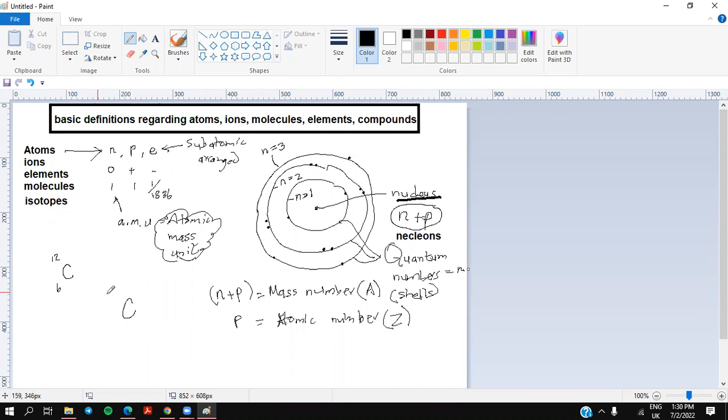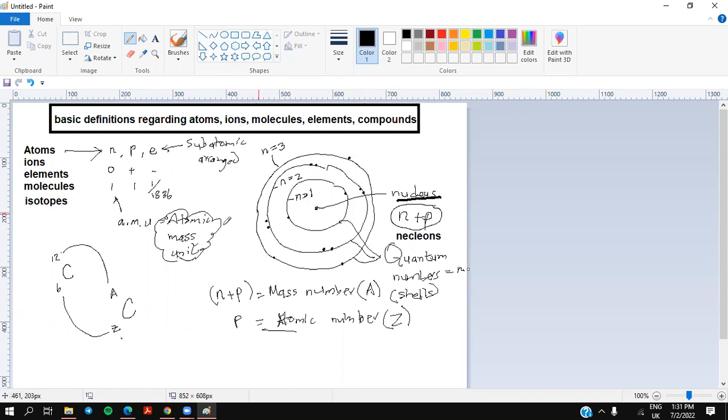The 12 means A, 6 means Z. 12 is A, 6 is Z. Z is the atomic number, A is the mass number.